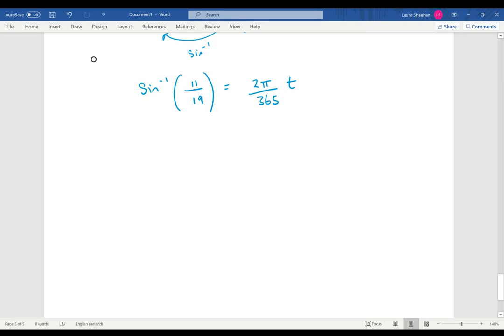You can leave it as sine inverse 11 over 19, or you can simply take 35.3765 is equal to 2 pi over 365 t, and I've used degrees, so this is degrees.